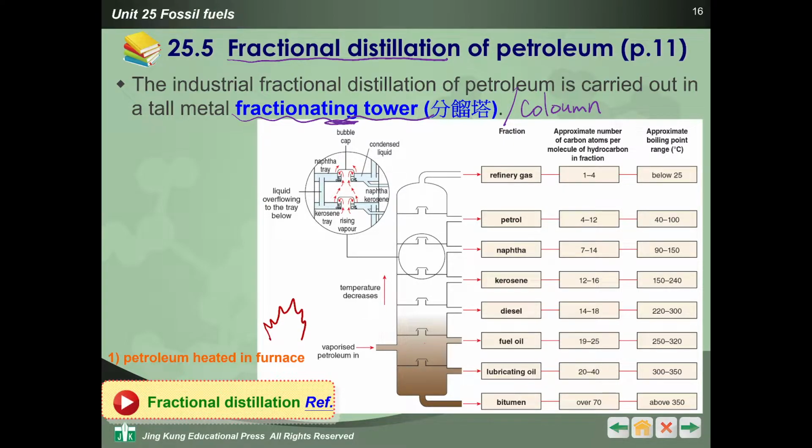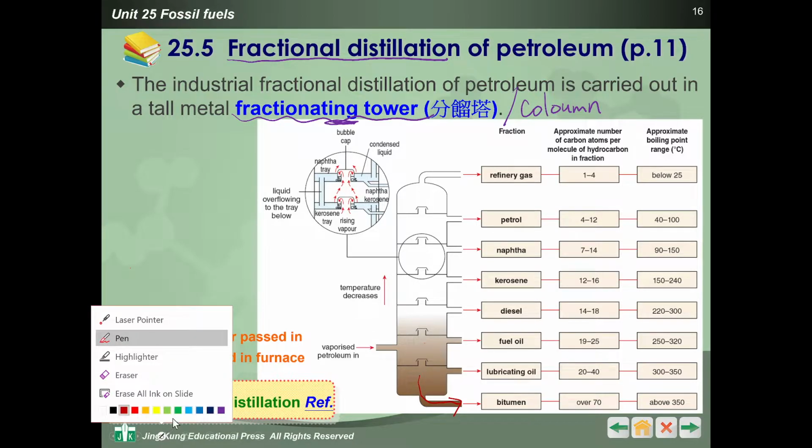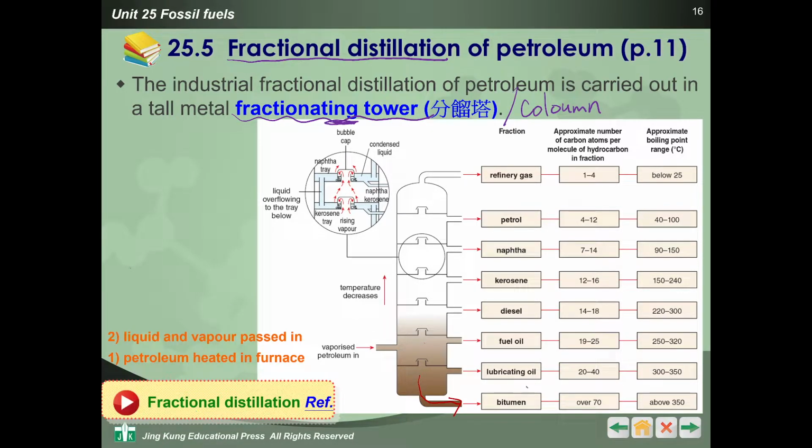Then after heating this huge chunk, imagine that it has become a vapor now, so it's in a gaseous state. You're going to pass it into this column, and those hydrocarbons with a high boiling point, you can separate them out over here. For example, first, bitumen.